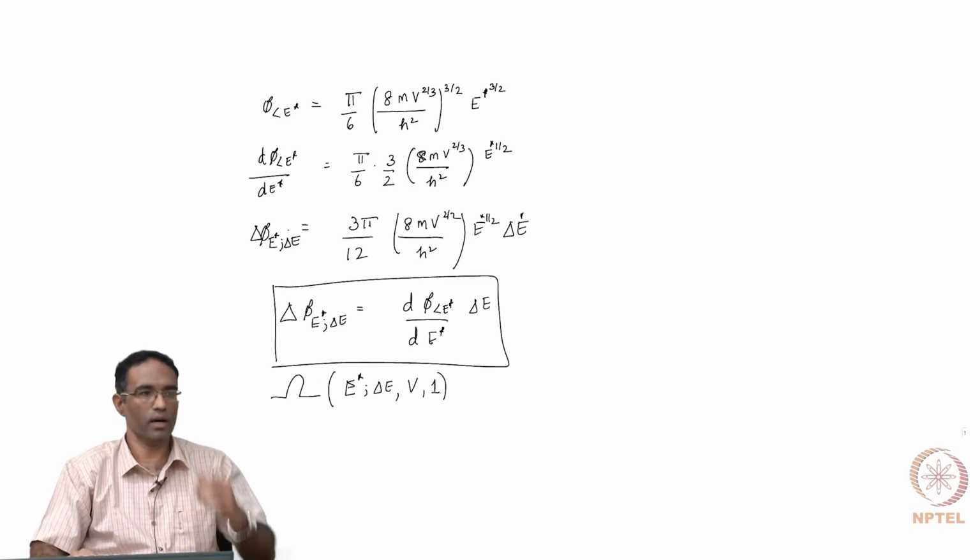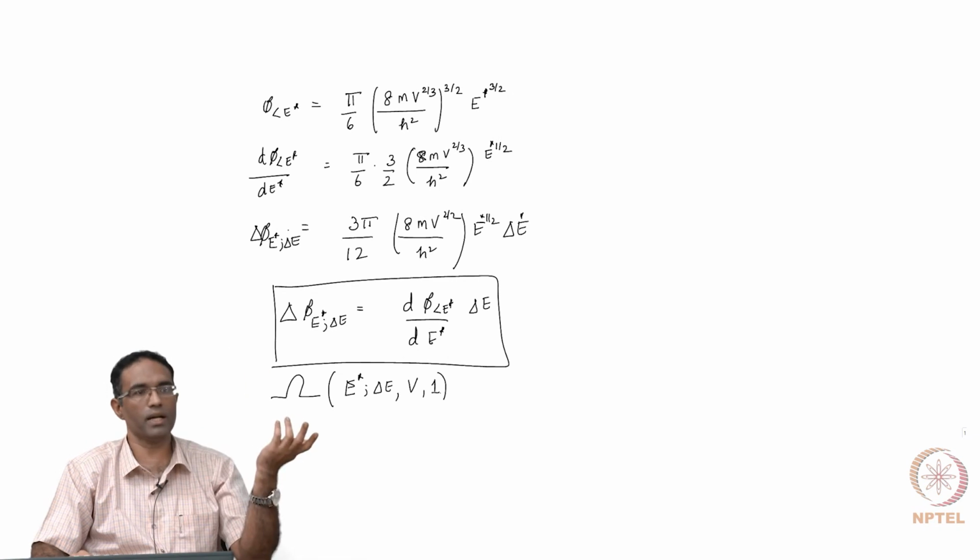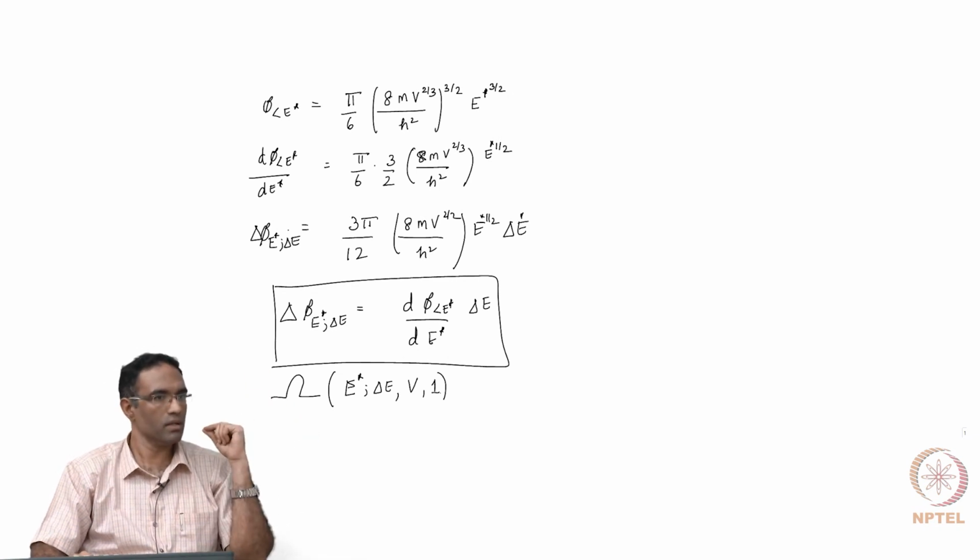This is actually our omega, except that it is a little approximate. We can't obtain exact values. This is our omega, the number of ways the system can actually take that energy E star, right?